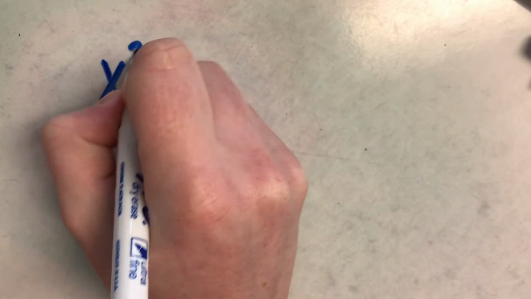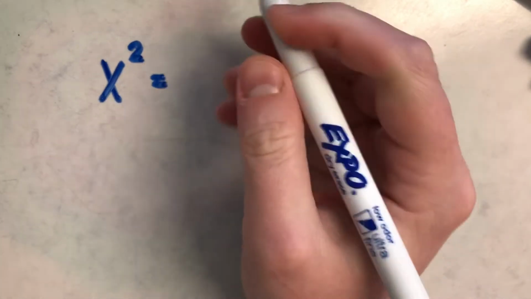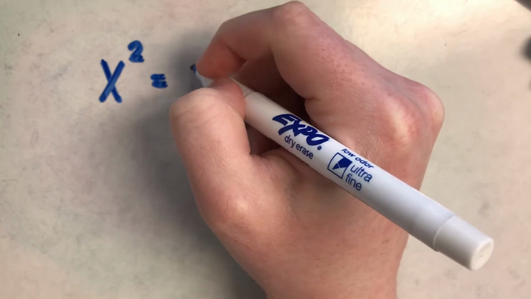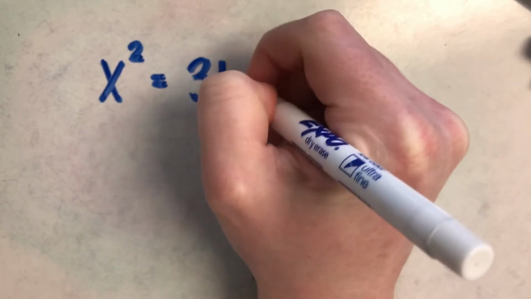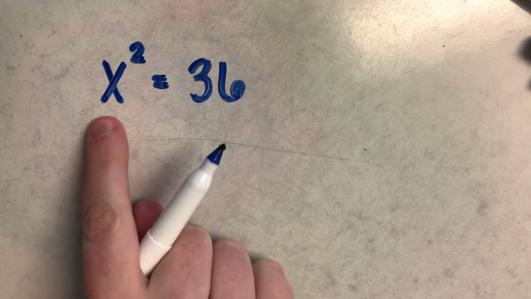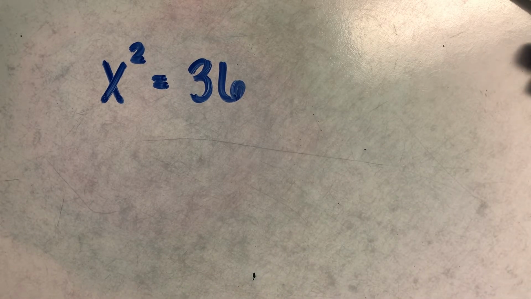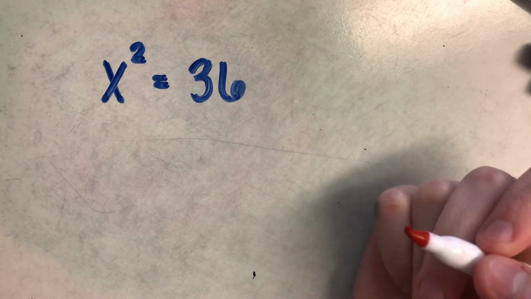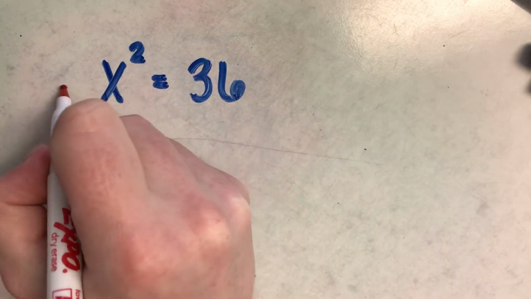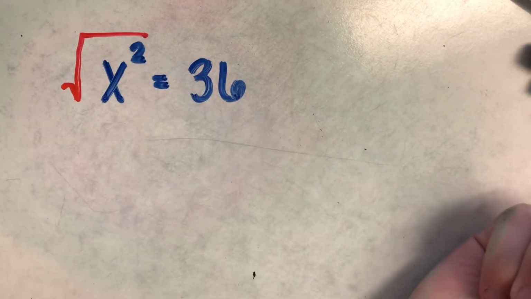Okay. Let's look at another one with a square root. So maybe there is x squared equals 36. I don't think I've used that one yet. So once again, I need to get x by itself. X is squared right now, so I need to undo that. To undo a square or a power, I need to take the square root. So x squared, let's take the square root.